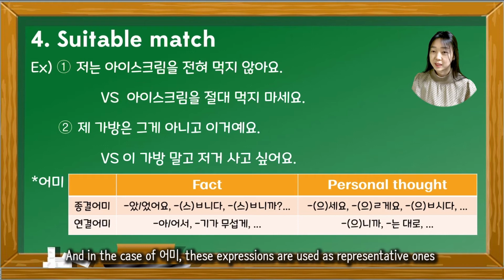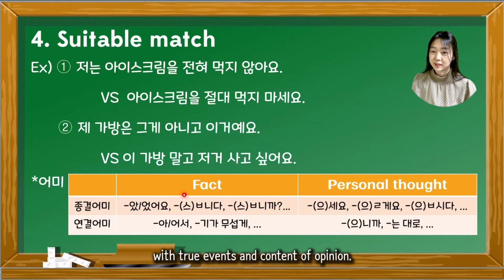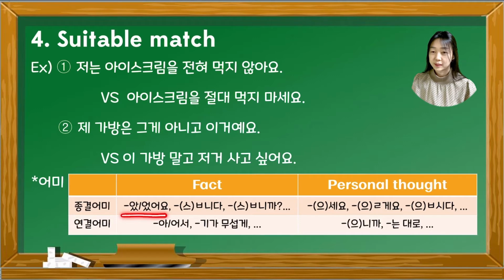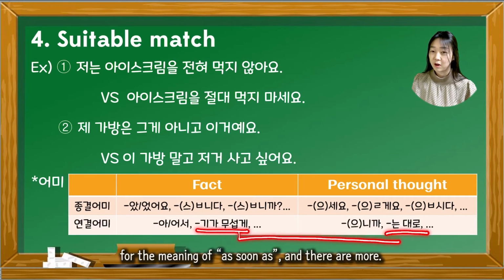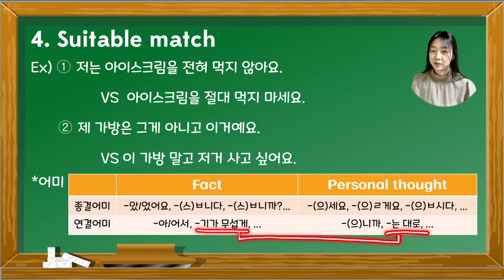And in the case of endings, these expressions are used as representative ones with true events and content of opinion. 왔어요. 씁니다. 씁니까? 으세요. 을게요. 읍시다. 아어서, 으니까 for reason function, and 기가 무섭게, 는대로 for the meaning of as soon as, and there are more.